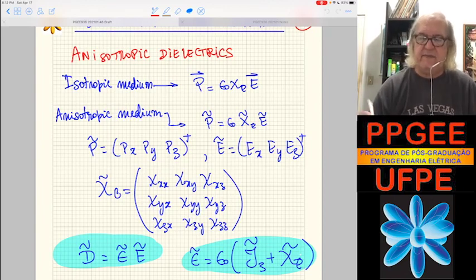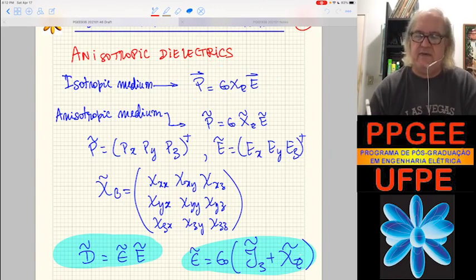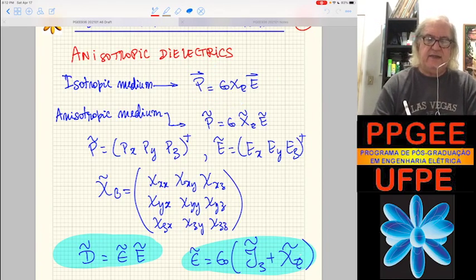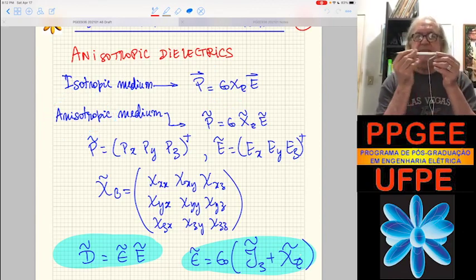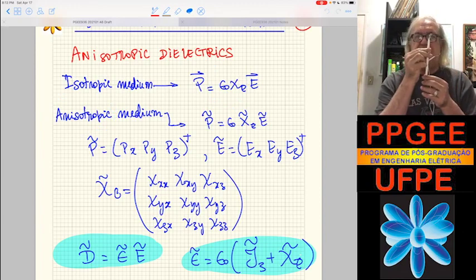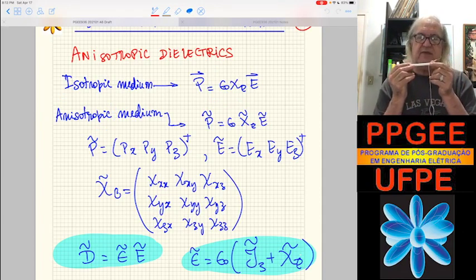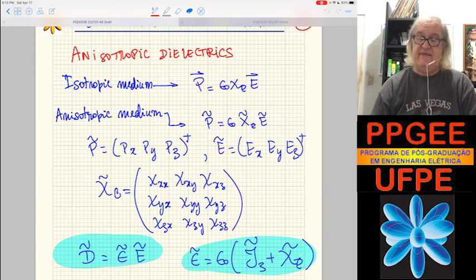In an isotropic medium, we have collinear vectors P and E, right? We have a scalar factor here. In an anisotropic medium, well, the response depends on the direction of the applied field. So you can have a degree of response in one direction, which is different from the degree of response in the other directions, okay? So we have that.